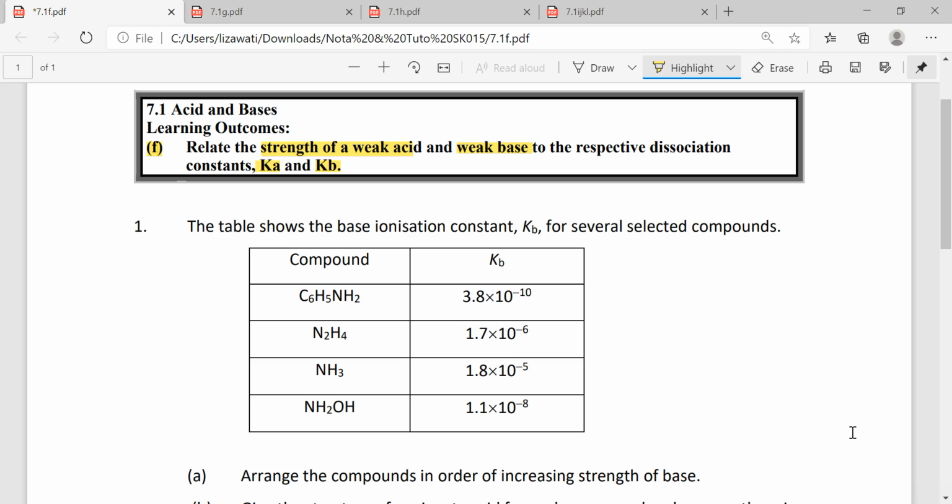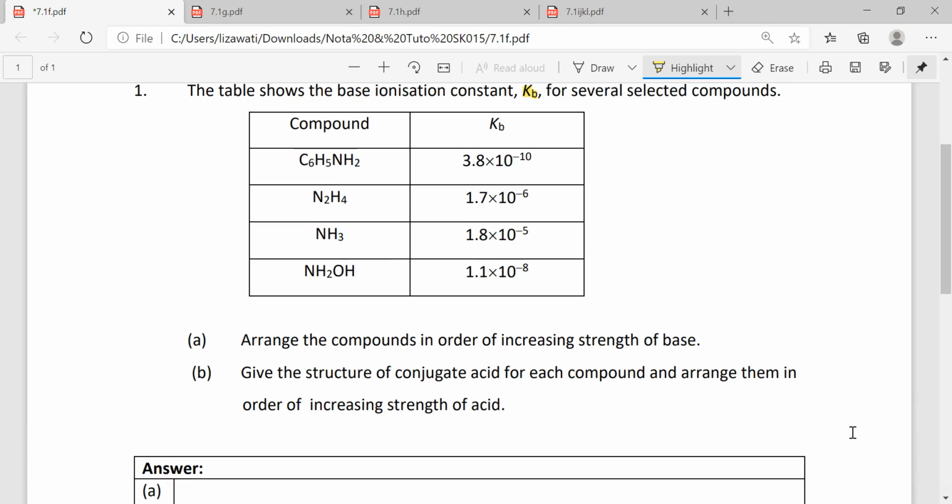The table shows the base ionization constant Kb for several selected compounds. We have 4 compounds here. Arrange the compounds in order of increasing strength of base, which means we have to arrange from the weakest base to the strongest base.